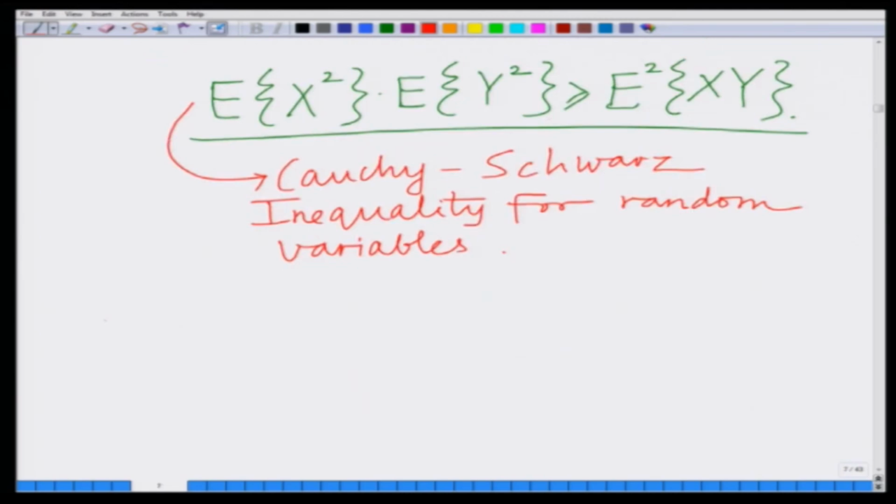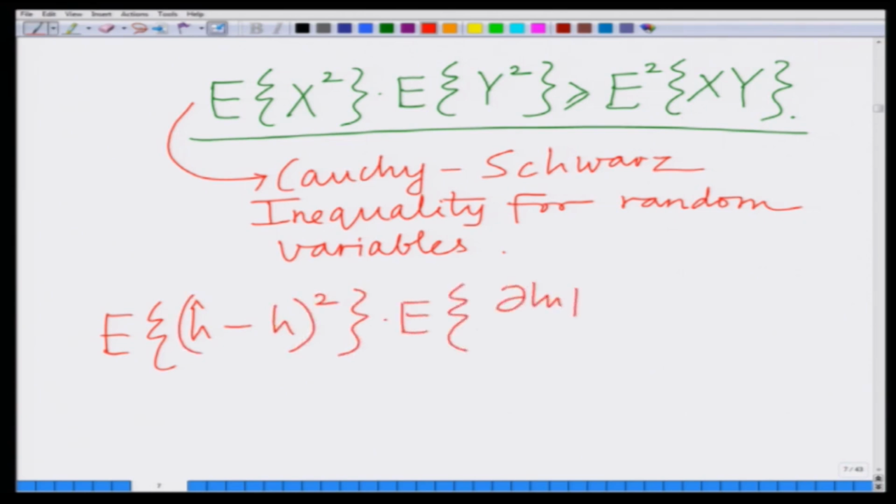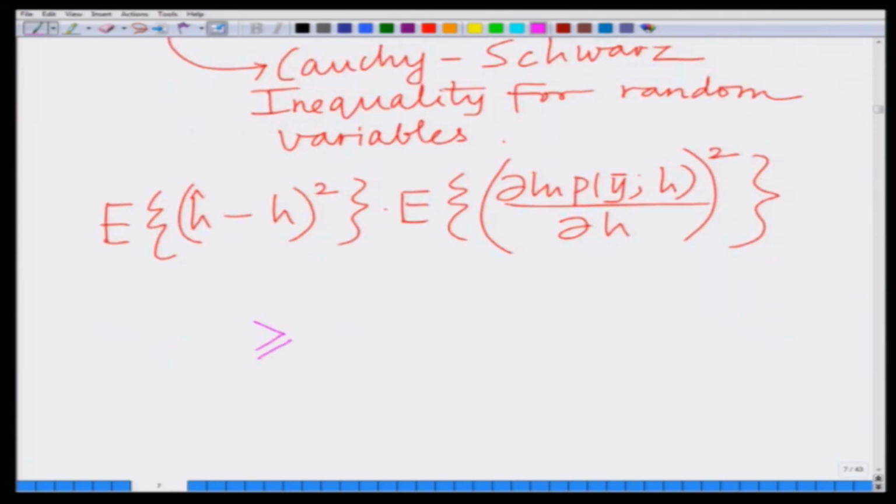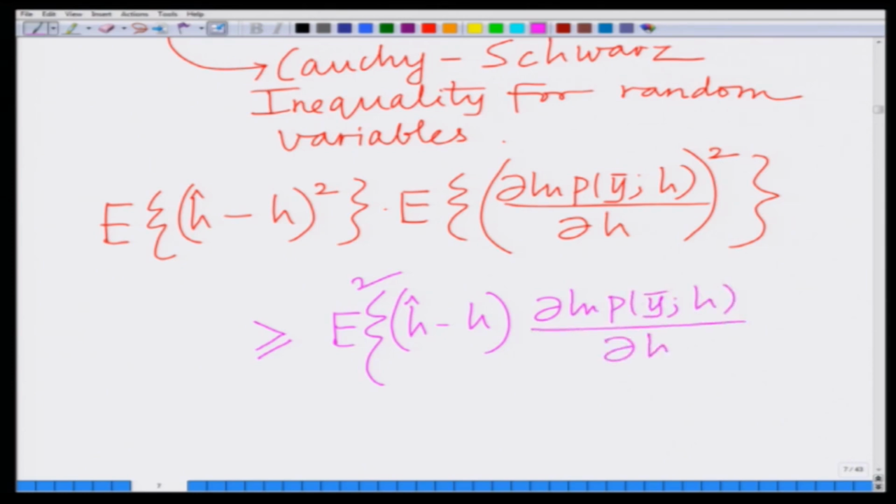Therefore, the expected value of (h hat minus h) whole square times the expected value of the derivative of the log likelihood function with respect to h whole square is greater than or equal to the square of the expected value of h hat minus h times the derivative of the log likelihood function.